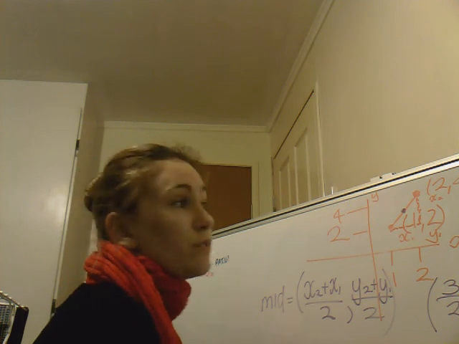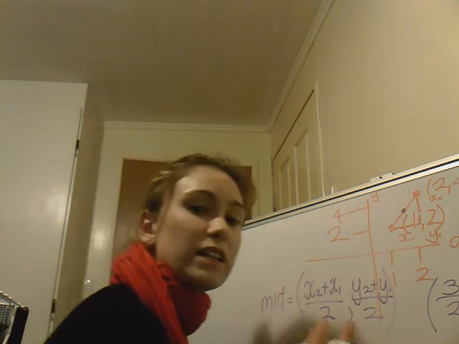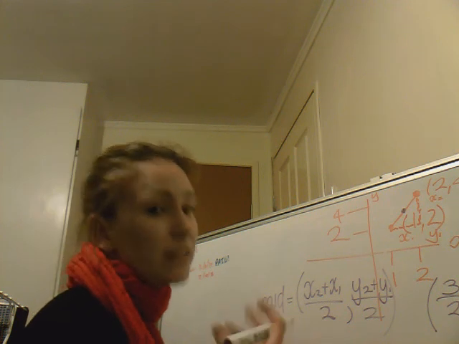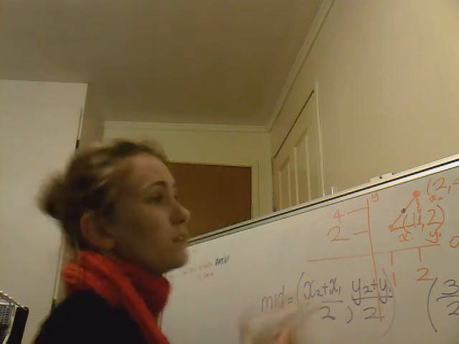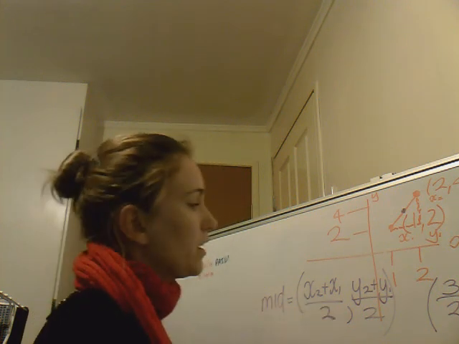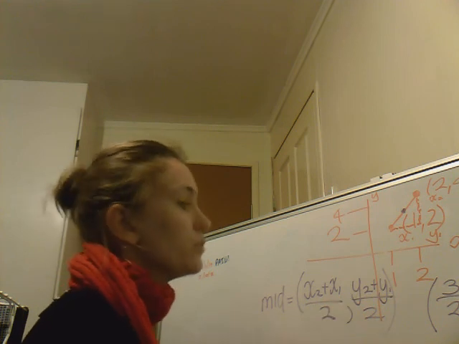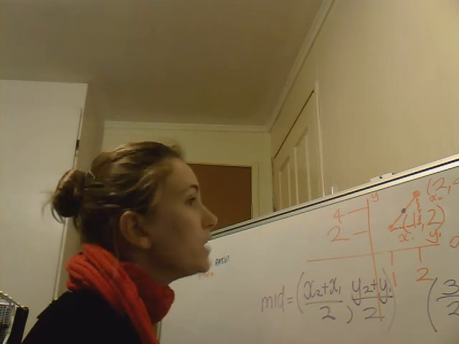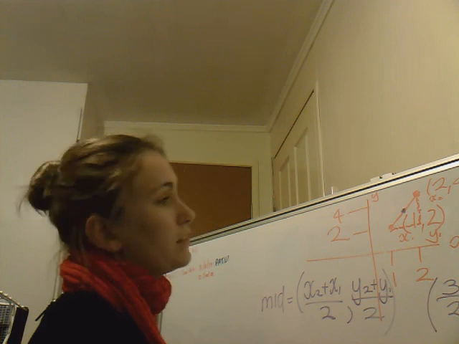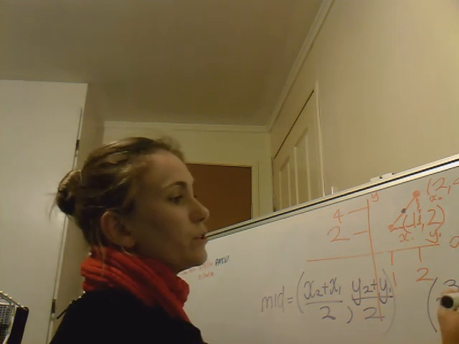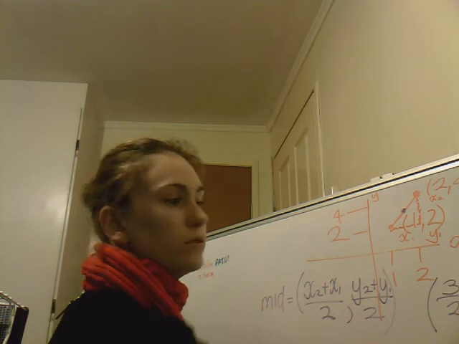I would leave it as a fraction because it's going to look a lot cleaner than a decimal. If you did a decimal, it doesn't matter, I would still count it. So we do the same for our y now. y2, which is 4, plus y1. So 4 plus 2 is 6, which is then over 2.